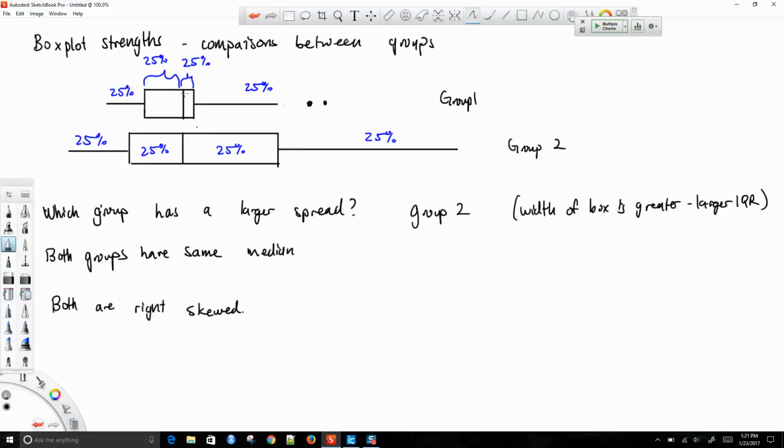Just looking at them, we can see that as far as Q3 goes, Q3 of group 2 is almost the max of group 1, except group 1 does have some outliers that are higher.